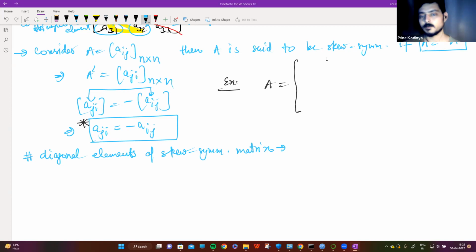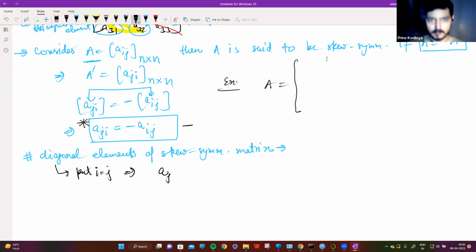Okay? So if I want to find the diagonal element, I will put i and j equal. I want to find the diagonal elements of a skew symmetric matrix. Let's say this is a skew symmetric matrix, the one we were talking about. Then Aji must be equal to minus times Aij. Now I want to find the diagonal elements, so I put i equal to j in this equation.